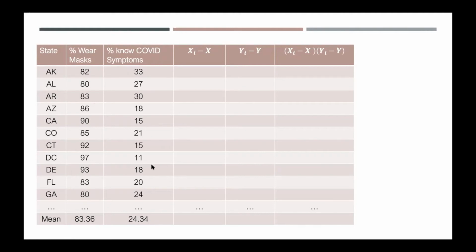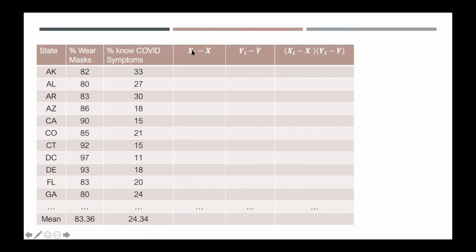So we can calculate a covariance then, first of all, by calculating how different each observation of mask wearing is from the mean amount of mask wearing, and how different each observation of reported COVID symptoms is away from the mean for COVID symptoms.